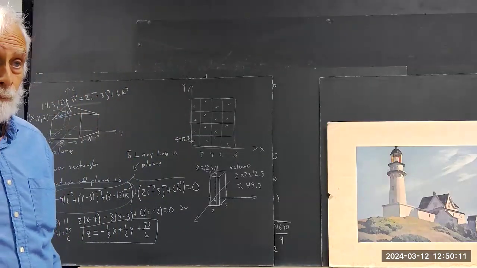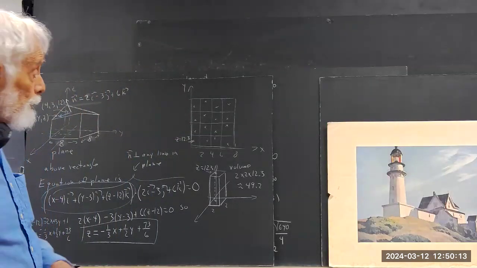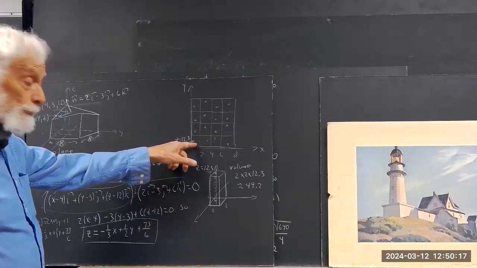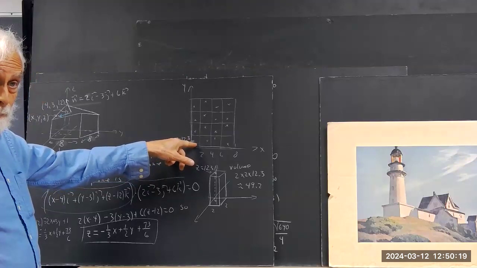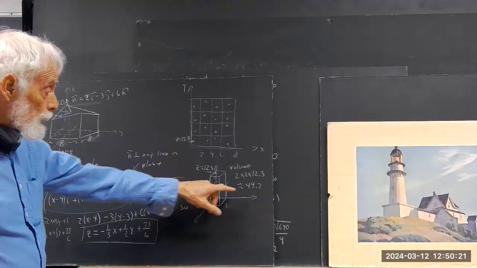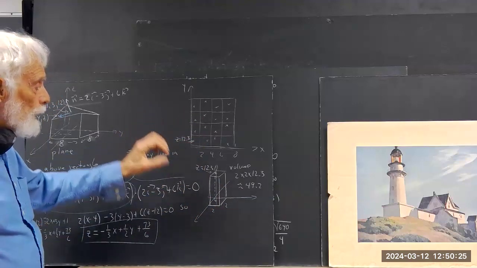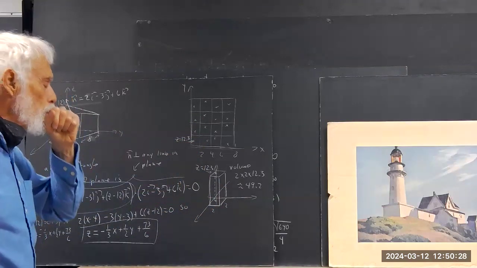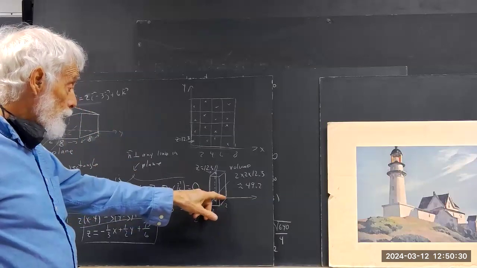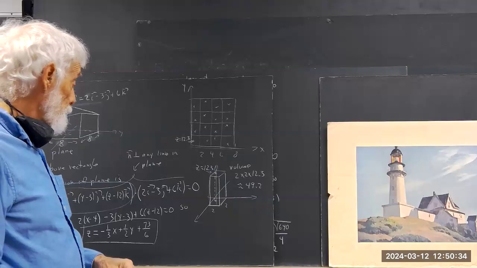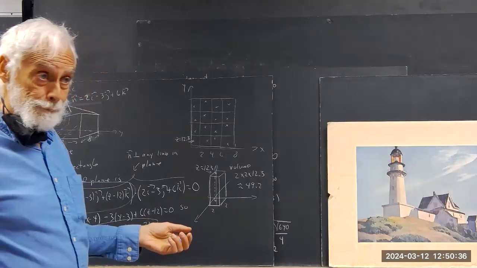Okay. Now how to get those dimensions? I took the Z function and evaluated for the X and Y that I estimated here. And now I've got a pretty good approximation to the volume contribution above this small square. Now I can do that for all the others.